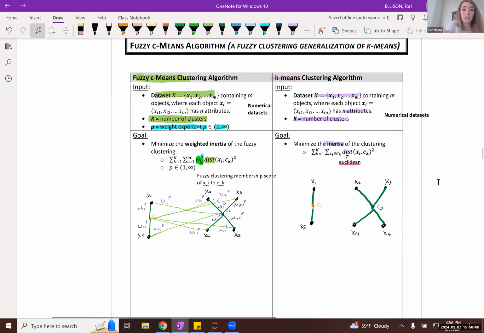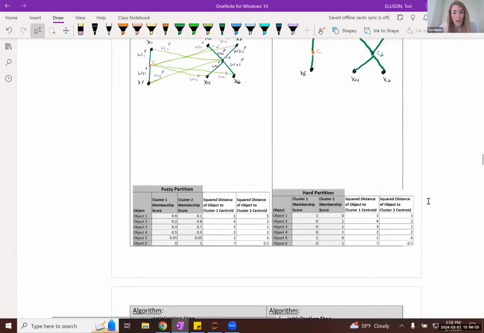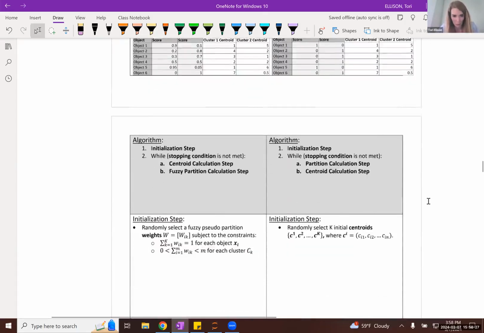So these membership scores are also going to be used in the optimization problem. So in other words, we're trying to minimize the weighted inertia of our fuzzy clustering matrix W. Okay. All right, so that's the optimization problem that we're trying to solve.